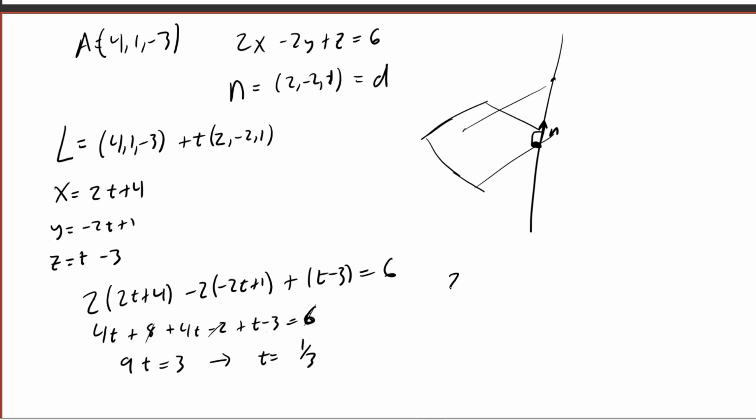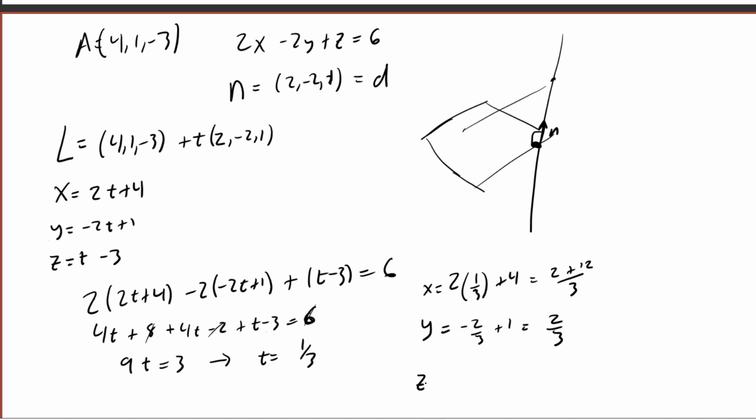Okay, so at t is 1/3, what are my x, y, and z points? So x is going to be 2 times 1/3 plus 4, so that's the same as 2 plus 12 over 3. Y is going to be minus 2 over 3 plus 1, so that's 4 minus 2, that's 2 over 3.